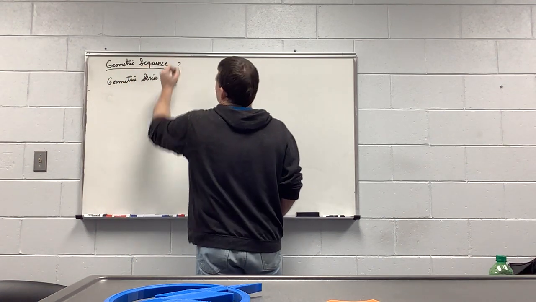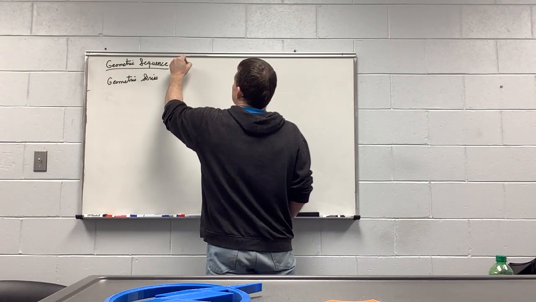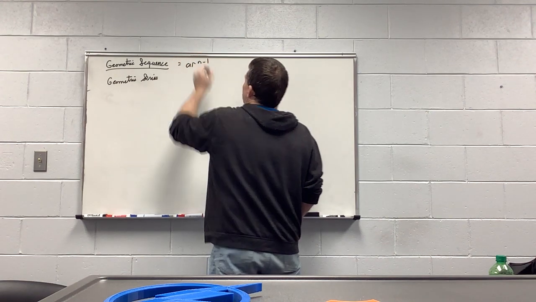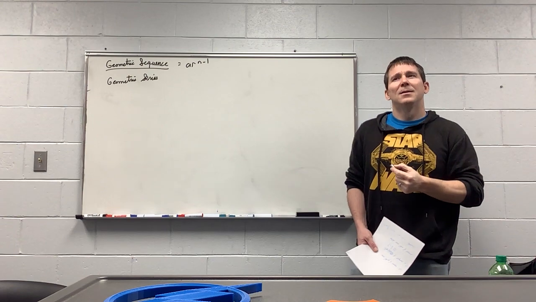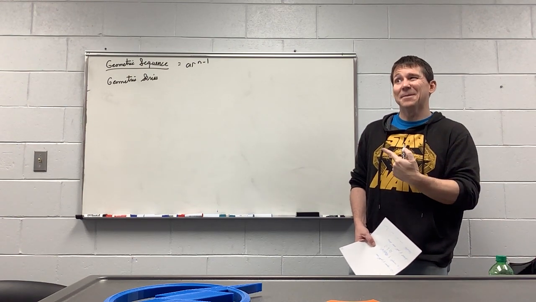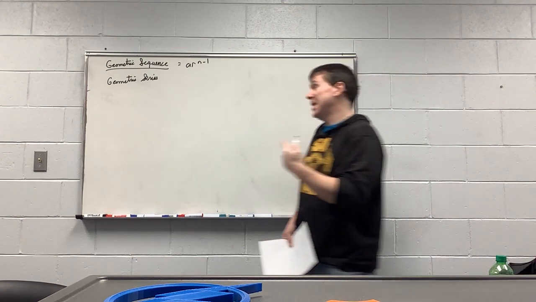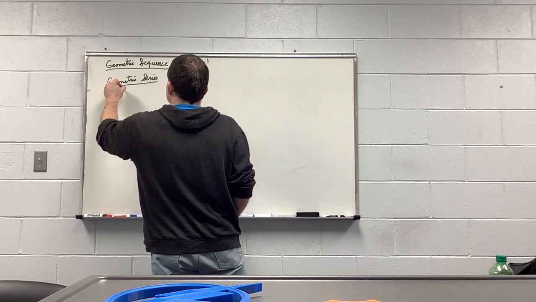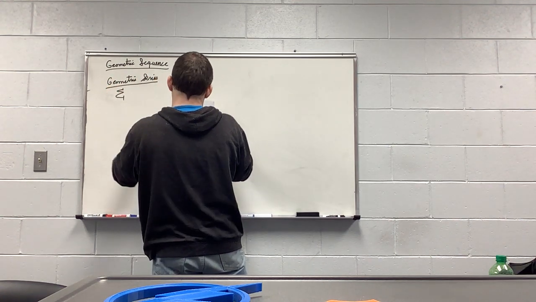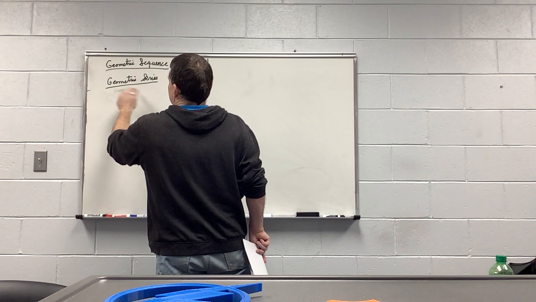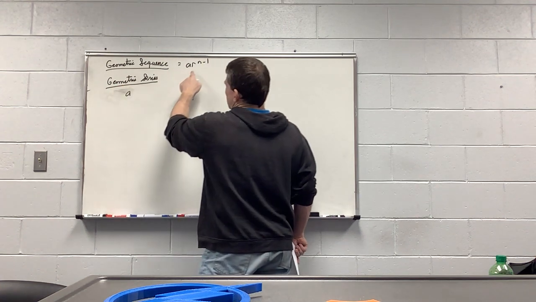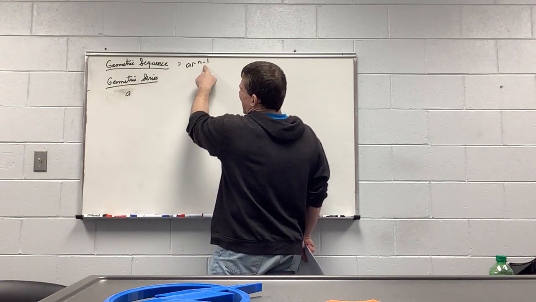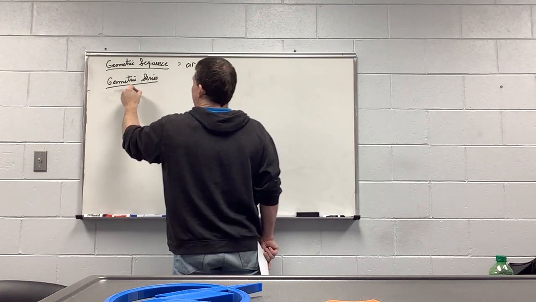When we write the geometric sequence, it's generally the first term times the ratio to the n minus 1. I think that's the standard way of writing it. Which means, if I write my geometric series, the first term would be the first term listed here. When n is 1, I get r to the 0 and I just get a.